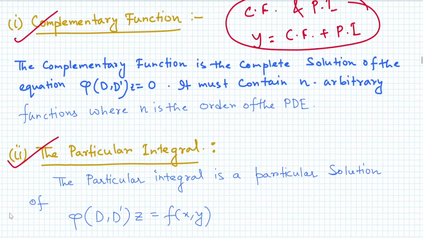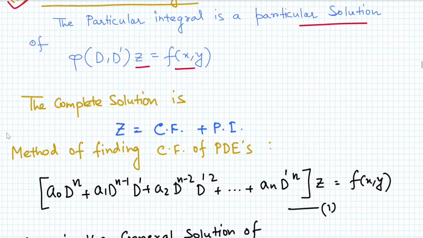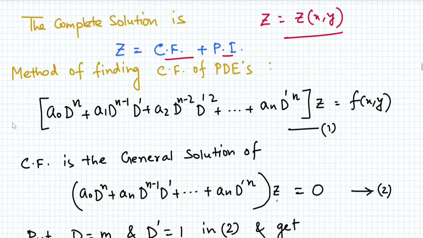The complementary function is the complete solution of the equation φ(D, D')z = 0. It must contain n arbitrary functions, where n is the order of the partial differential equation. The particular integral is a particular solution of φ(D, D')z = f(x,y), and the complete solution is z = CF + PI, since z is the dependent variable on x and y. This gives the complete integral.